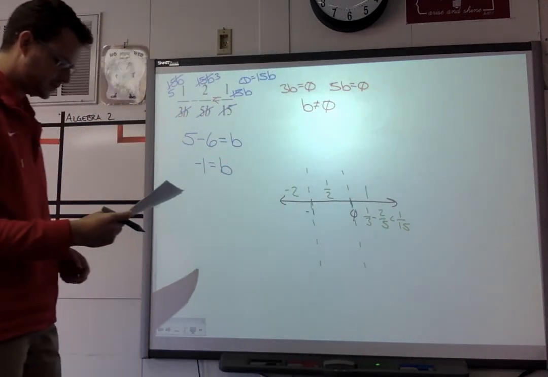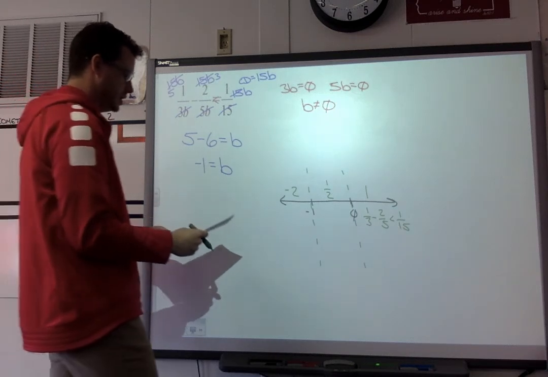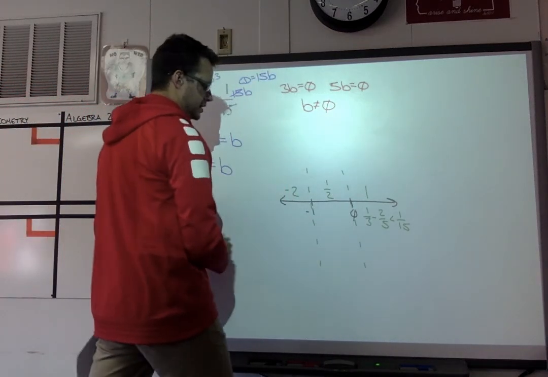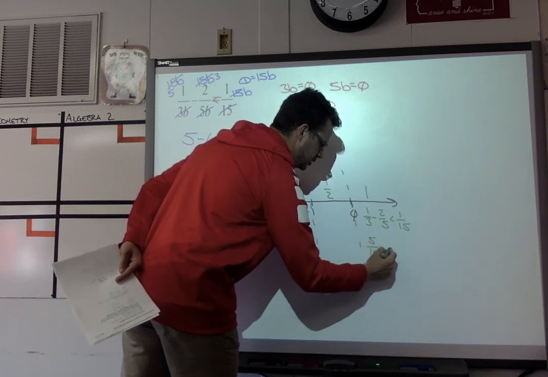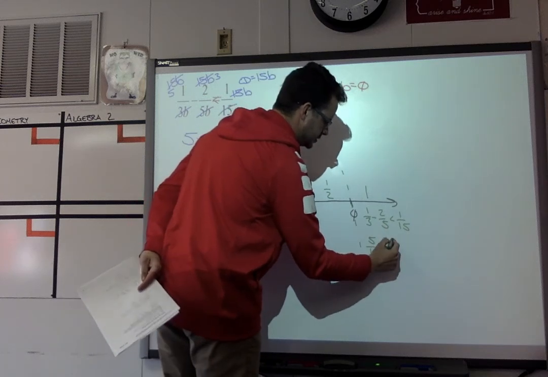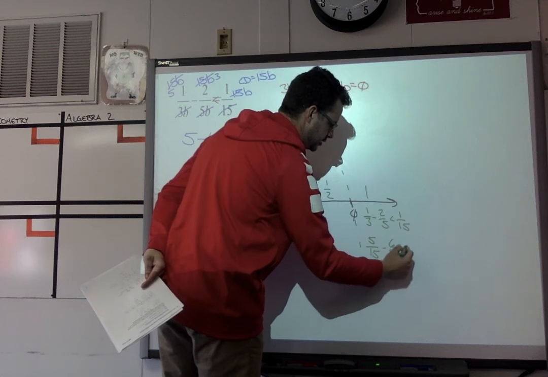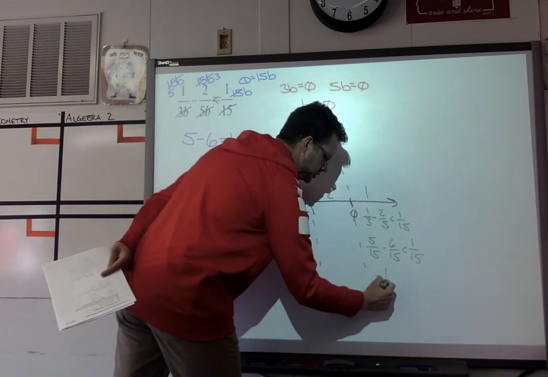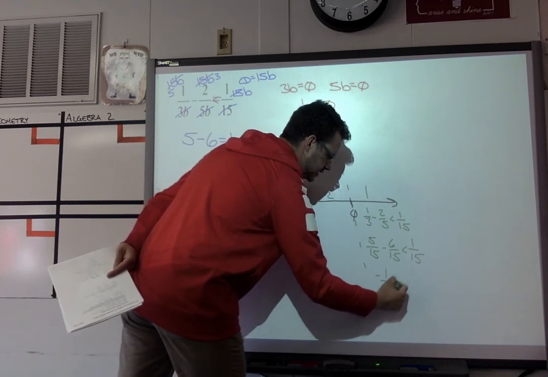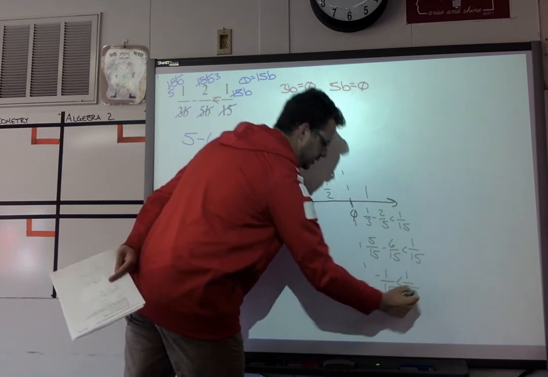1/15. So now this will give me, let's see, common denominator of 15. This will be 5/15 minus 6/15 is less than 1/15. So negative 1/15 is less than 1/15.